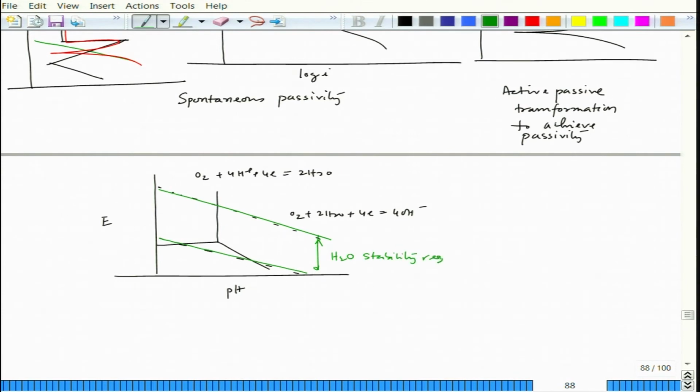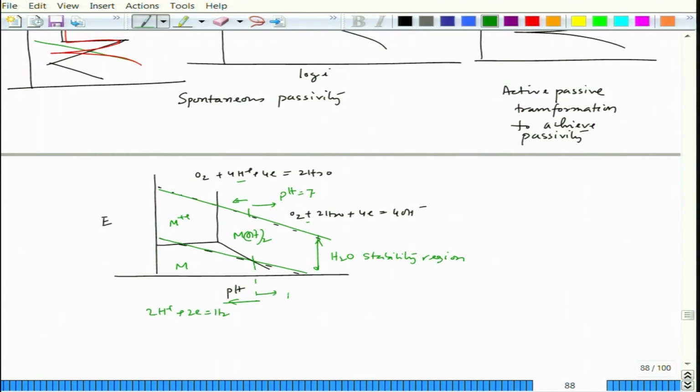Between these two lines is what we call the water stability region in the Pourbaix diagram. And let us say this is M, this is M plus plus, this is M(OH)2. So let us say this is the passive film. Now, this reaction happens beyond pH 7, and this reaction happens below pH 7. There are two other reactions also. For example, below this pH, which is acidic in nature, 2H plus plus 2e equal to H2, this reaction happens.